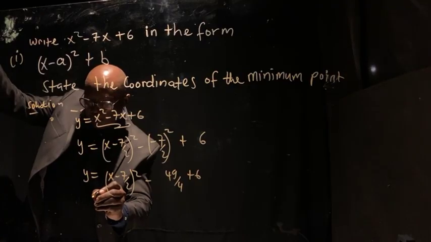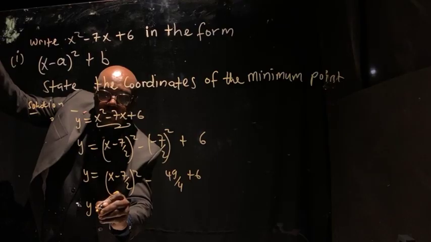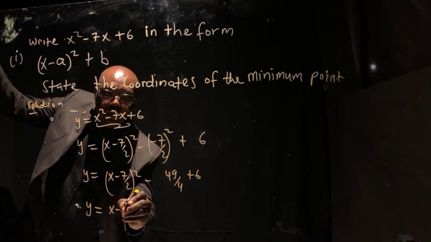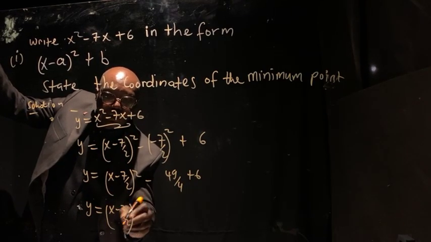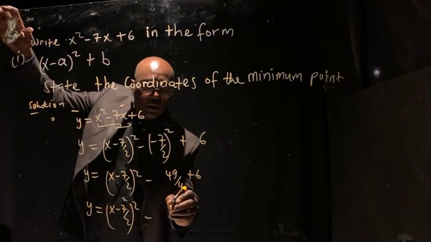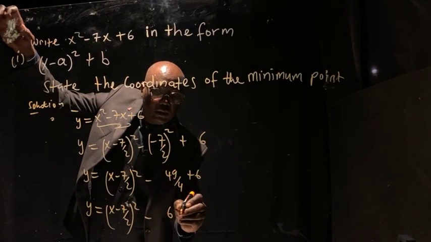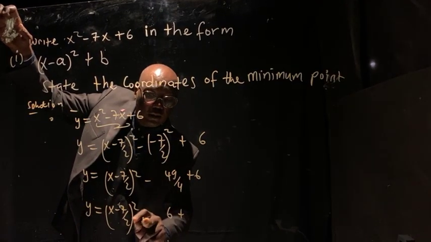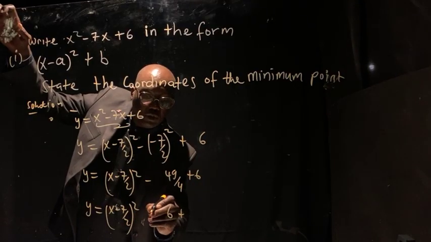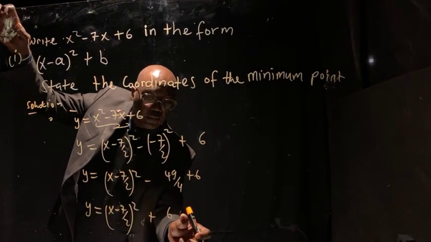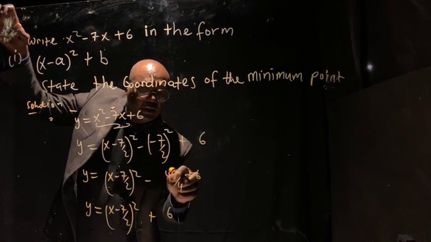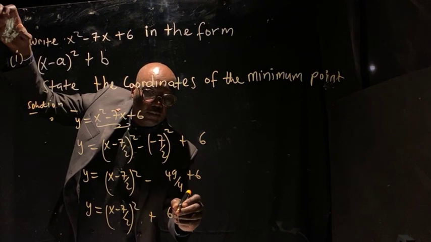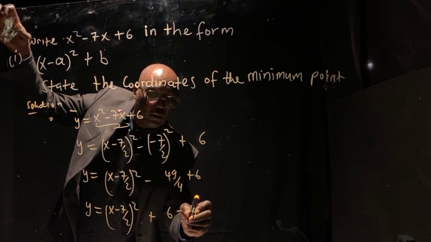Then you have y equals (x minus 7 over 2) squared minus 49 over 4 plus 6. We are interchanging the positions.